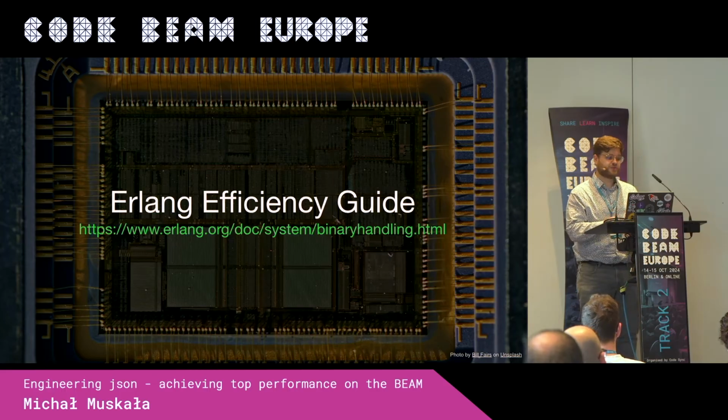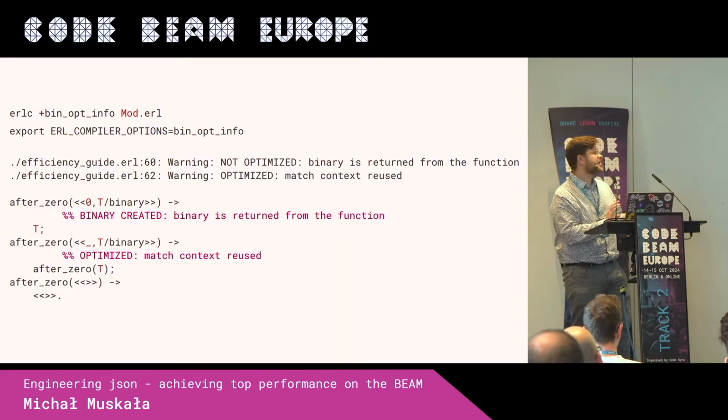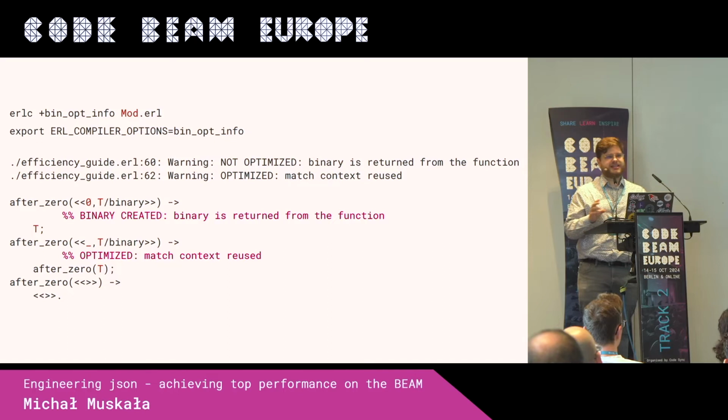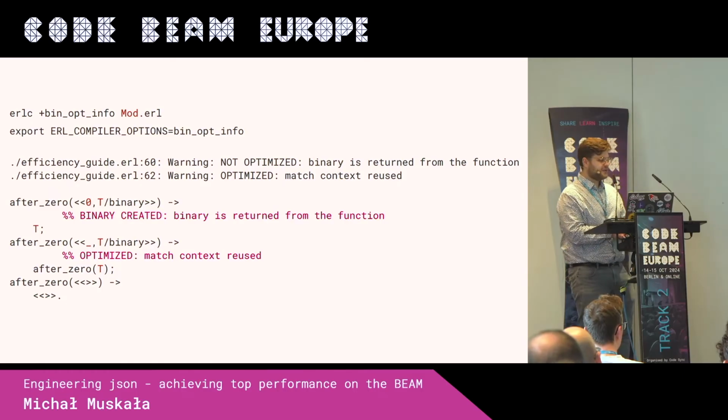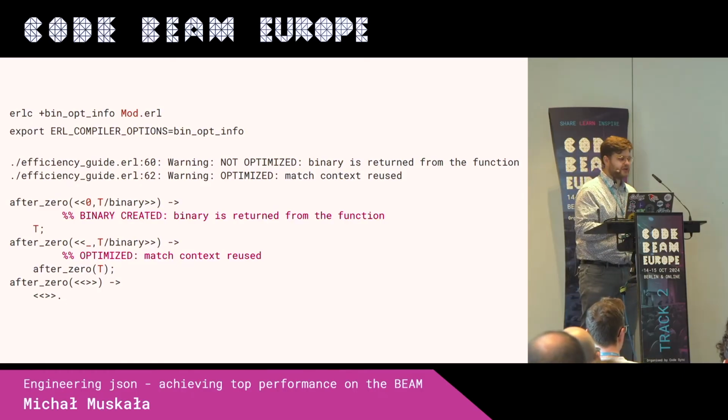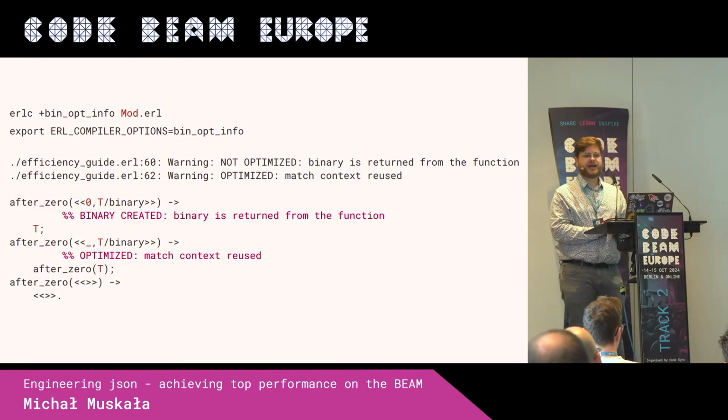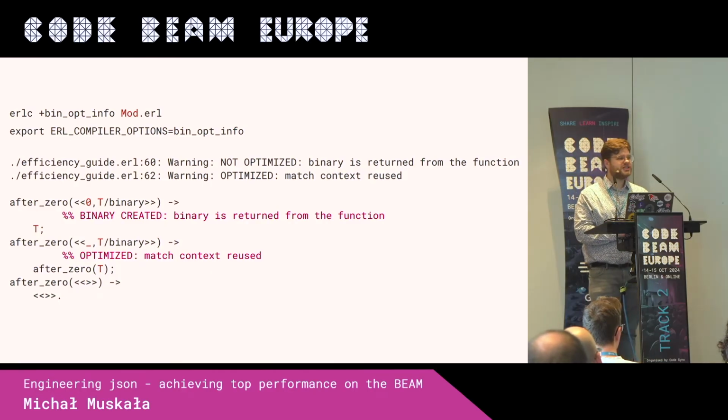And speaking in particular about binaries, by far the biggest optimization the compiler does is that it can actually look in some places like this function here where we have after 0, in particular the second clause where it says optimized. And you can see that this T itself and this overall binary, nobody's actually looking at the binary itself, right?